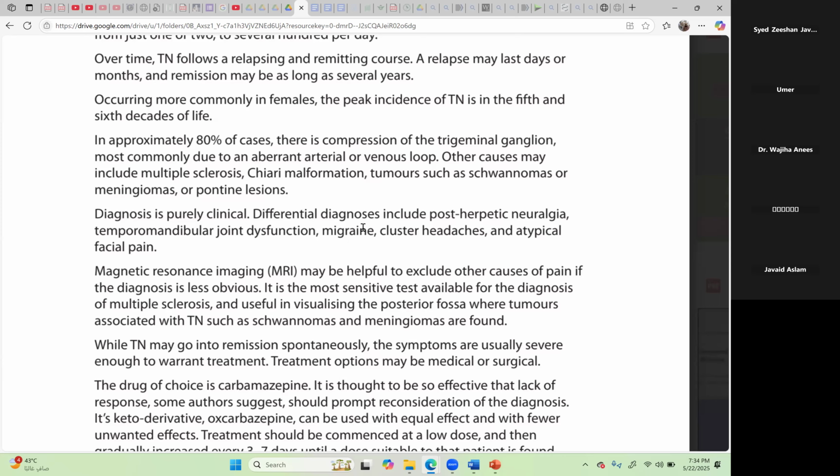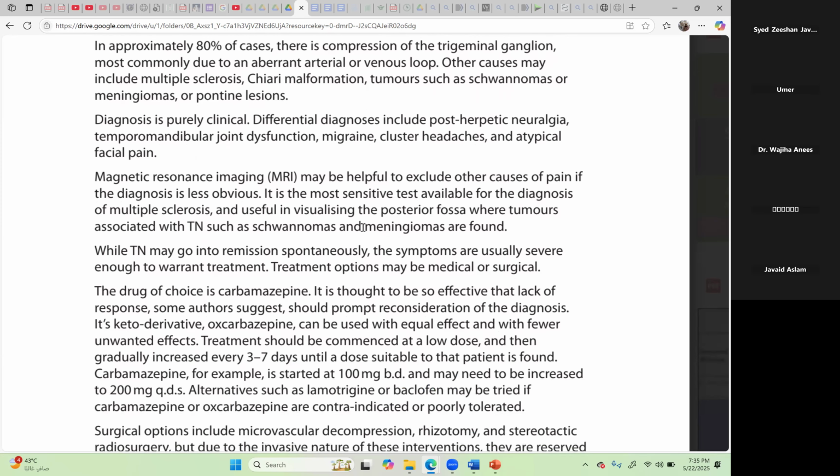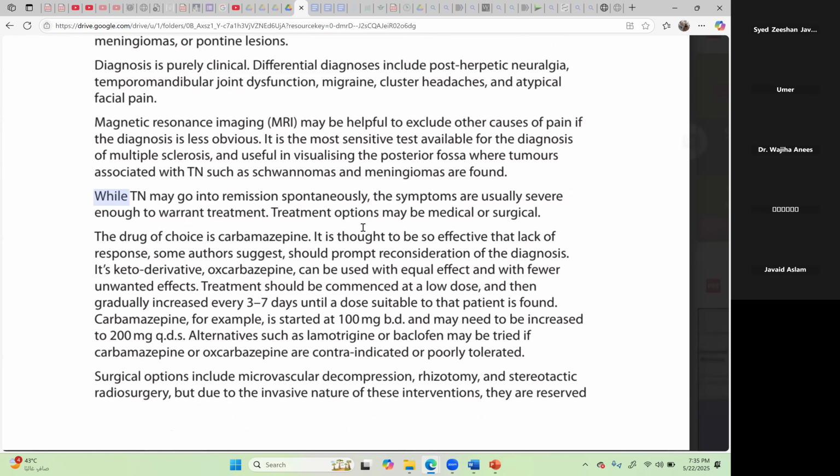MRI may be helpful to exclude other causes of pain if the diagnosis is less obvious. It is more sensitive for the diagnosis of multiple sclerosis and useful in visualizing the posterior fossa, where tumors associated with trigeminal neuralgia like schwannomas may be found. So MRI is not to diagnose; actually, it's to rule out other serious causes.